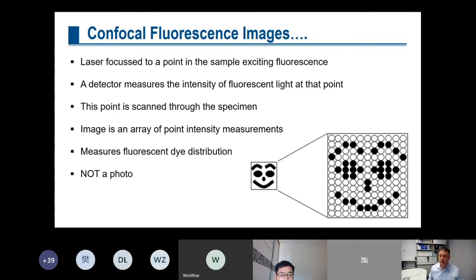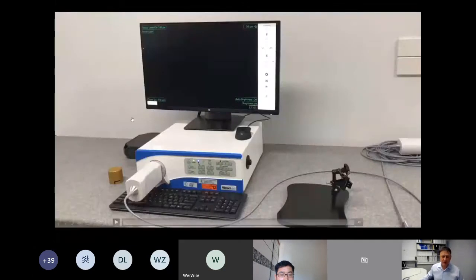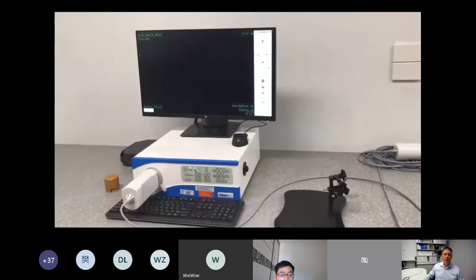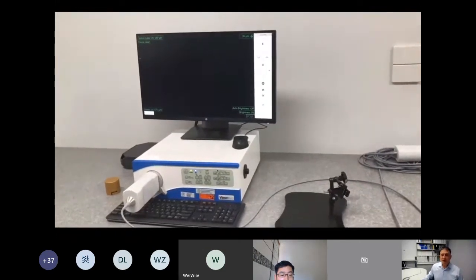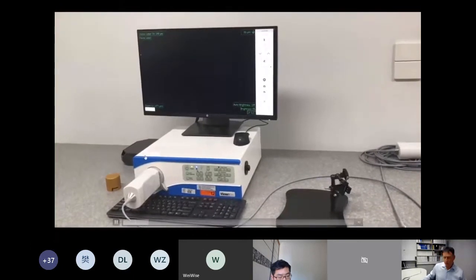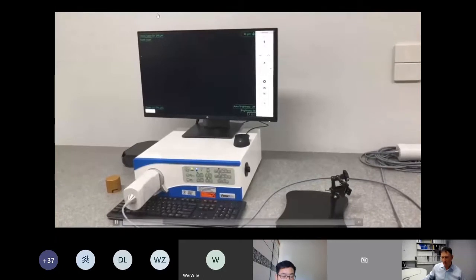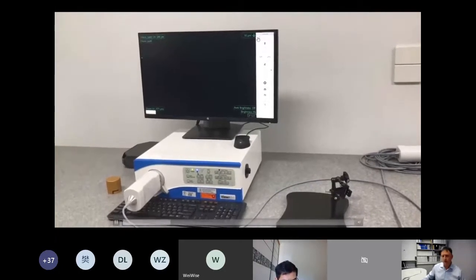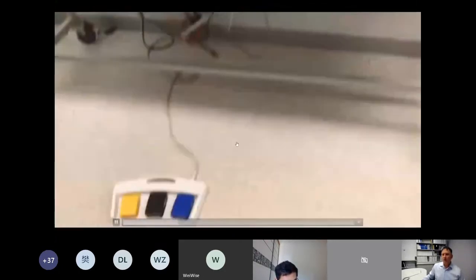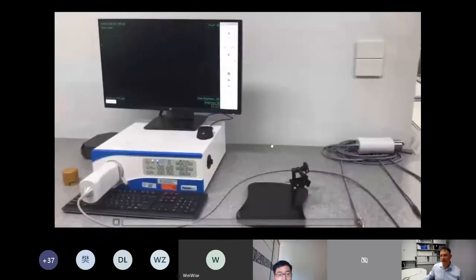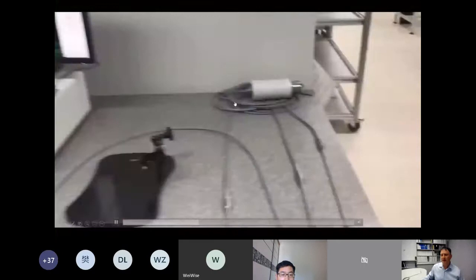I'll now play a video showing you the components of the 5-2 endomicroscopy system. So we have a processor here, which has a laser and a detector in it. We have a computer and a monitor as well. We also have a foot switch where we can control the depth of our imaging and also collect images.